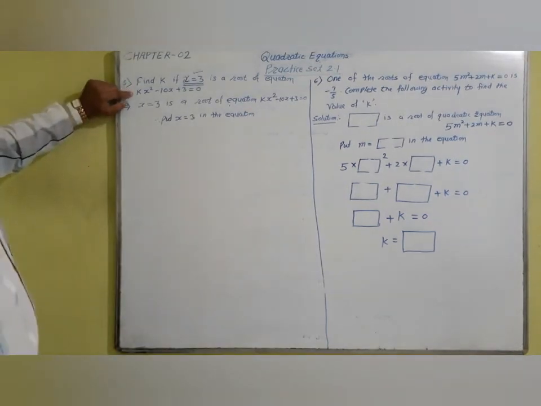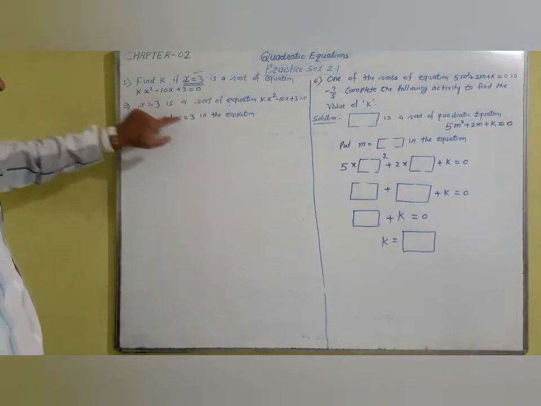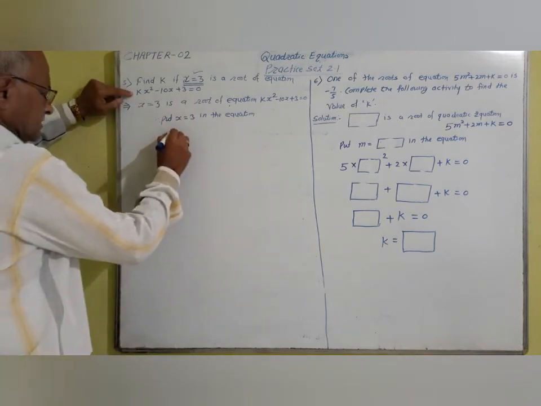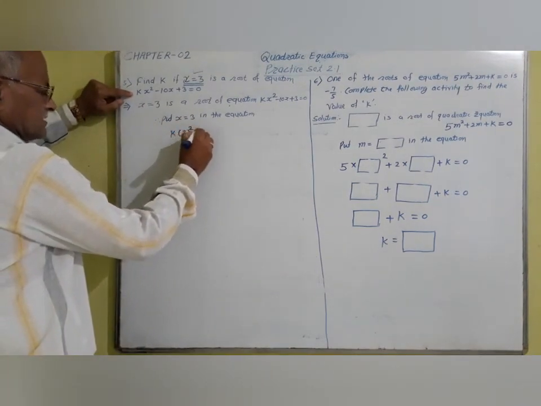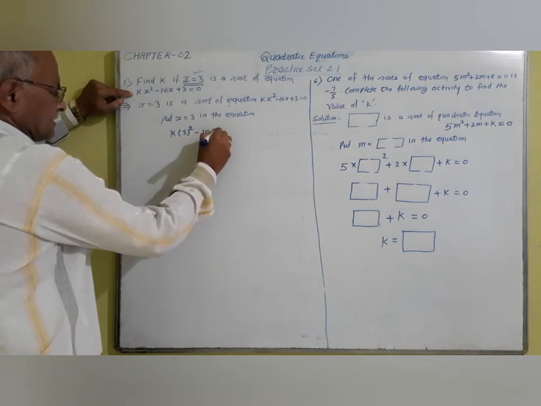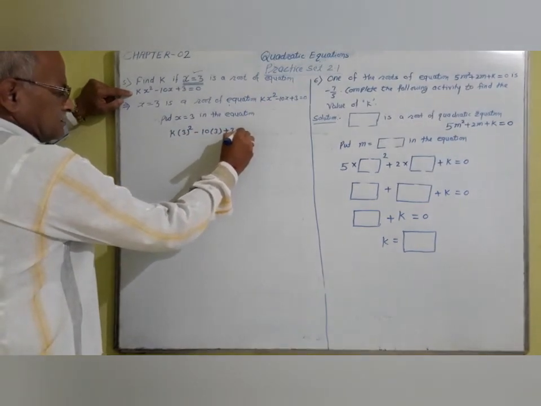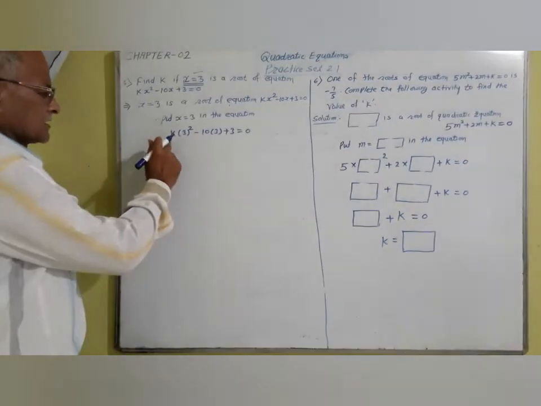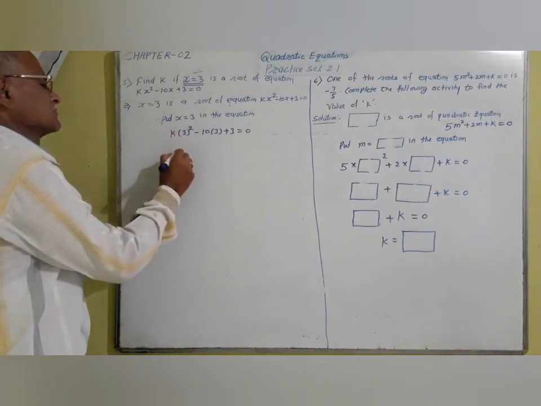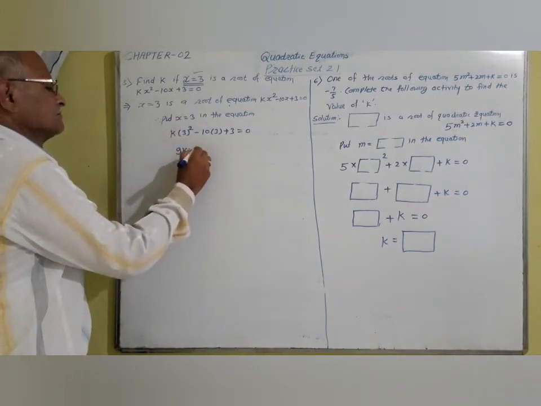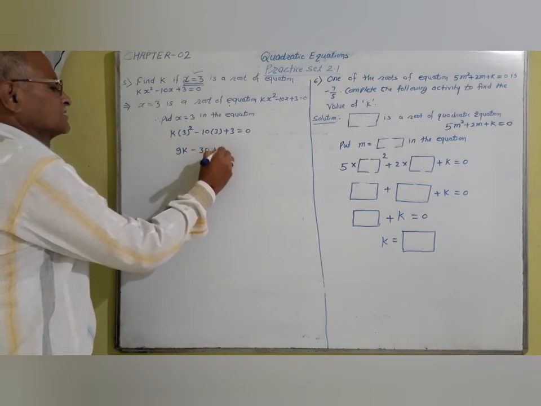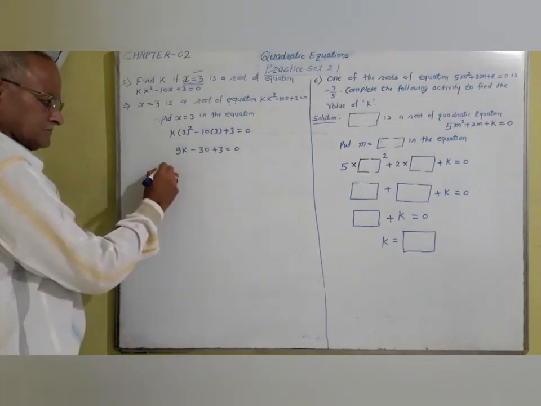Therefore, we have to substitute x. Whenever you see x, you have to write 3. Therefore, k multiplied by 3 square minus 10 multiplied by 3 plus 3 is equal to 0. 3 square means 9k minus 30 plus 3 is equal to 0.